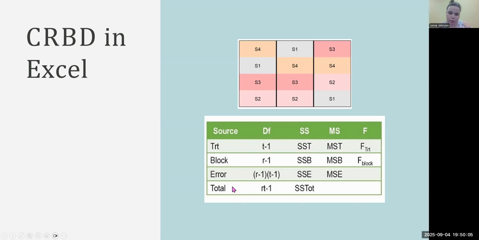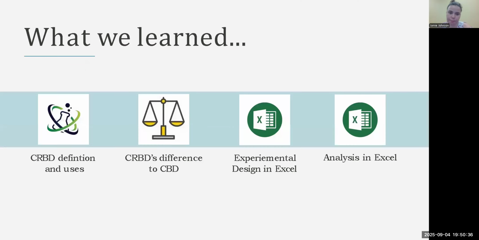Most of those will have a DF, an SS, an MS, and an F. Treatment is T minus 1, SST, MST, F for treatment. These are all things that we can Google and look up at some point, and I should make a video elaborating on those, but they're here for your information.